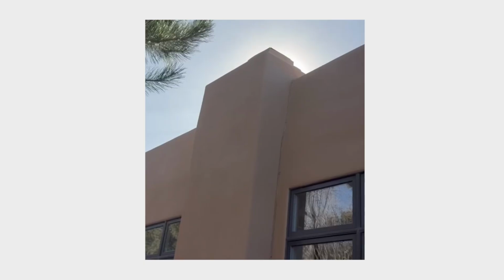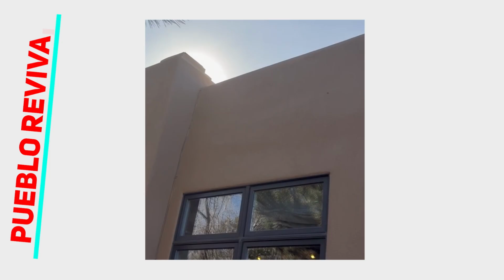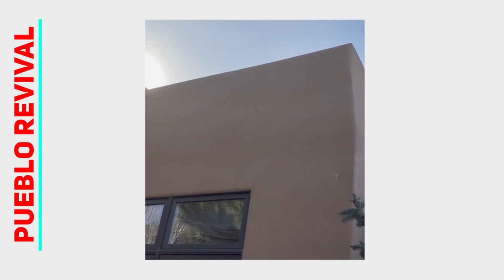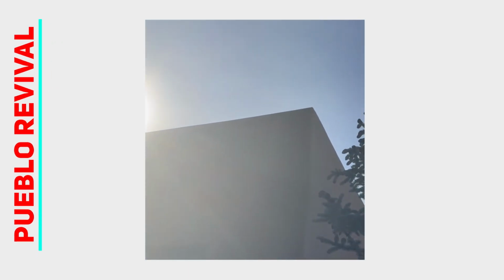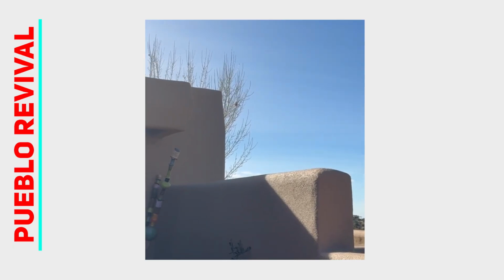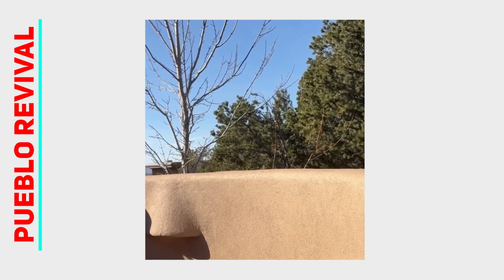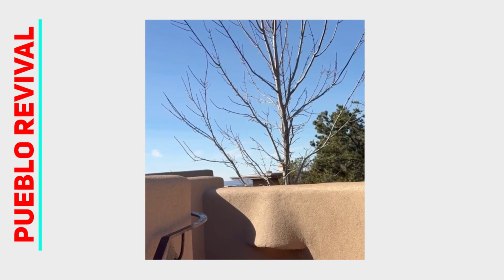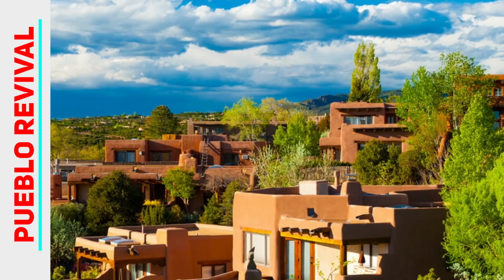So first of all, let's talk about the two predominant architectural styles of housing in Santa Fe. The first is Pueblo Revival, and we'll show you some images in a minute of Pueblo Revival. It is a form of architecture that really became popular at the turn of the 20th century by some architects here in Santa Fe, and it took influences from native people's architecture and also Spanish colonial architecture.